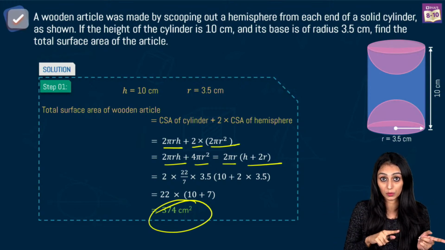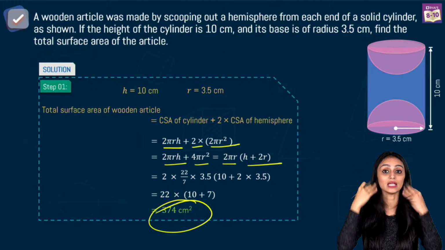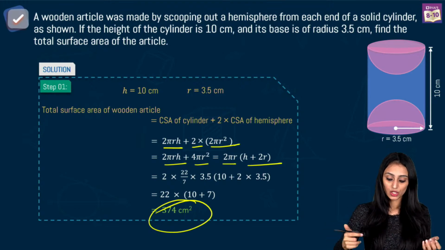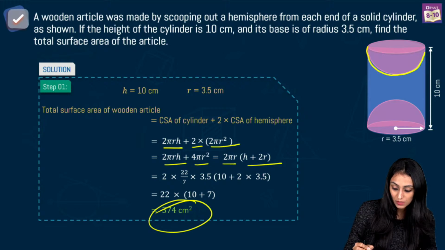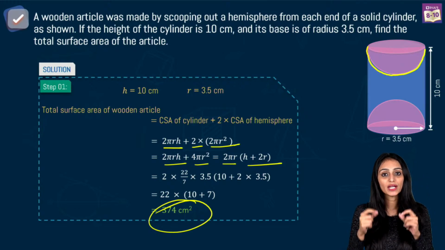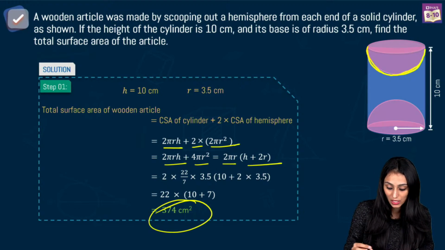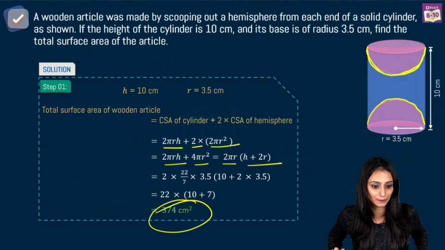Because volume is basically matter contained inside something. But it is area. Area means surface. We need the area of the surface. So when you scoop out, this shape that has been formed here, how will you find out the area for this shape? That's why these two areas of hemispheres we have added here instead of subtracting.